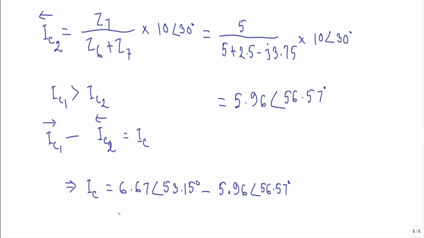So the current will be equal to 0.80 with phase angle 26.89 degree ampere. So this will be the current flowing through the capacitive reactance of minus J5 ohm. Okay, that's it. Thank you.